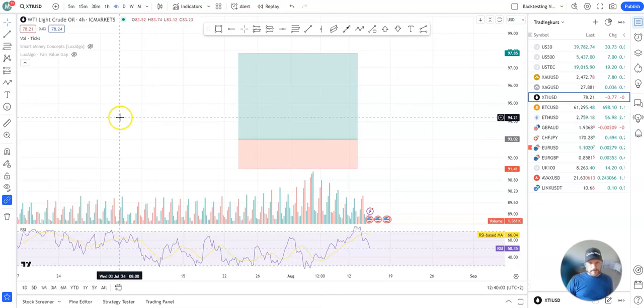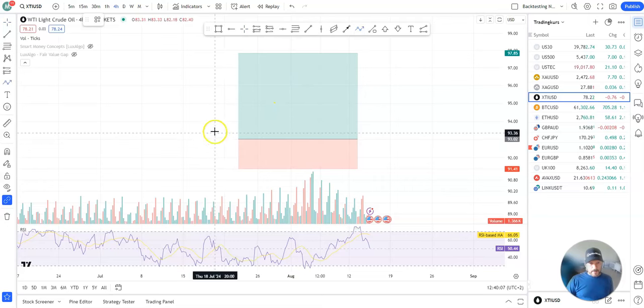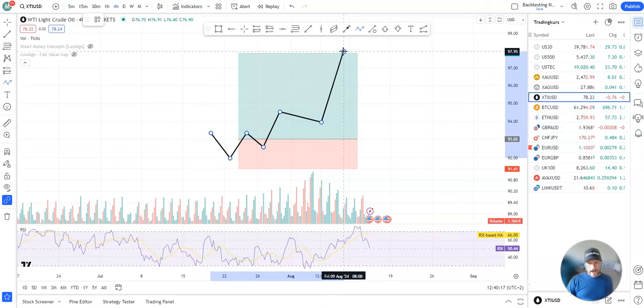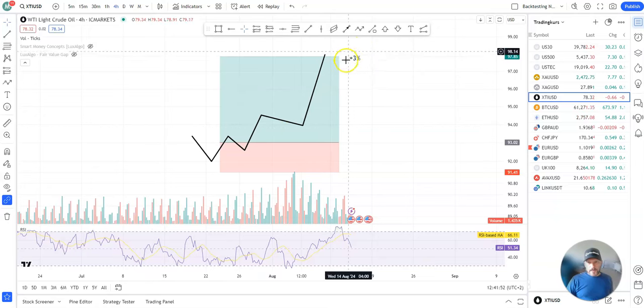If I put on a trade, I do my entry here, and the price goes down, goes up, and reaches my take profit level. When it hits my take profit level, I make 3% in profit.